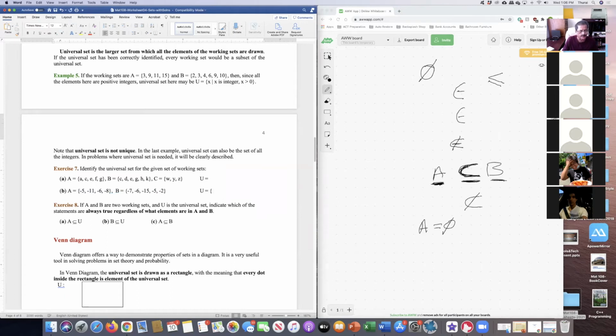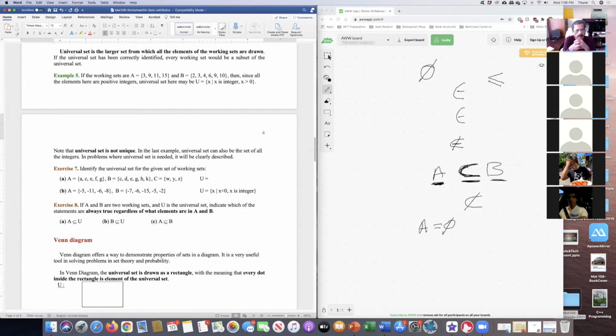I'm writing the answer for B. I'm writing the set of all X such that X is less than 0, right? That's one rule, and X is an integer. So that's how I describe that universal set.